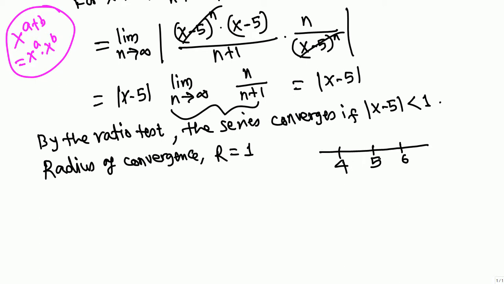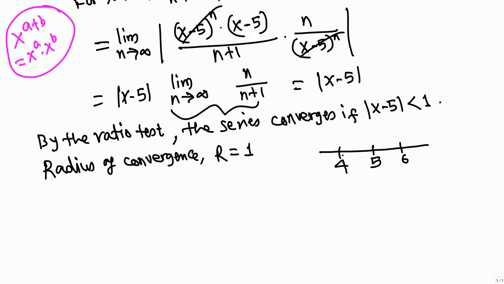Now for the interval of convergence, we need to test 4 and 6. For sure the series converges on 4 to 6, but 4 and 6 may or may not be included, so we need to test at the endpoints. So let me erase this part.